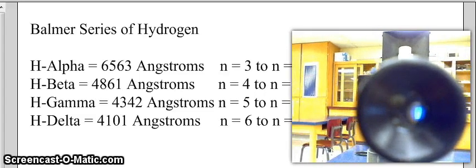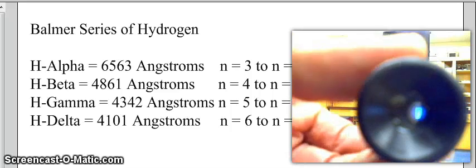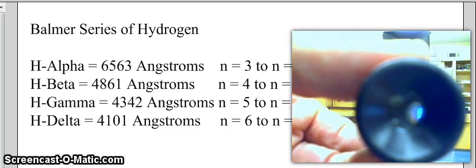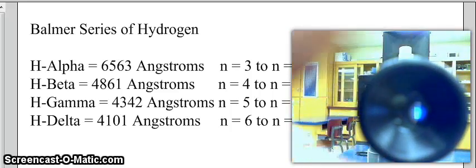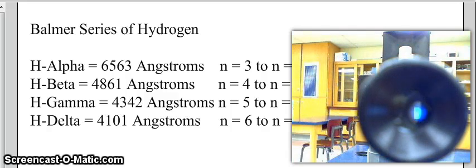The camera is picking it up with its sensitivity. It's sort of a blue color that is really a violet, a nice deep violet color. That is the H gamma line at 4342 angstroms. So we're going from the n equals 5 to the n equals 2 quantum state with this visible light. It's a violet light; the camera is making it look sort of bluish.